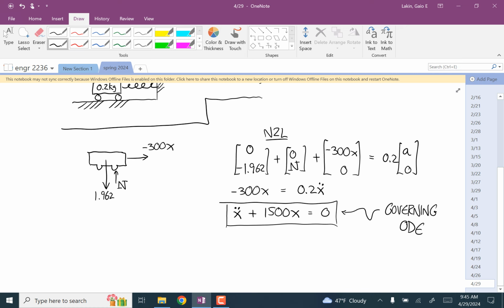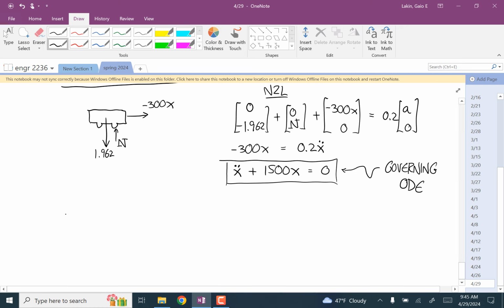We're going to assume that x is equal to some constant, call it C1, times the cosine. And then the last thing we have to do is figure out the argument for both of these trigonometric functions.